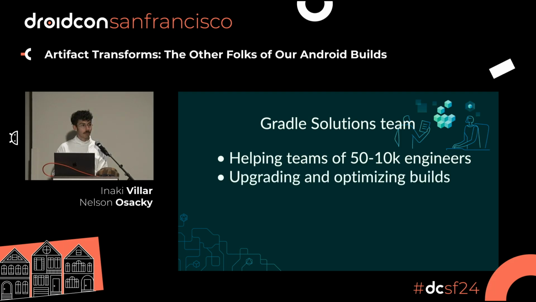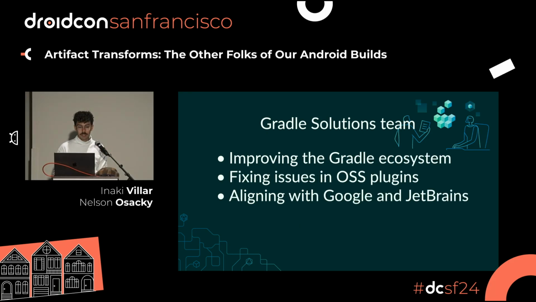We help them upgrade and optimize their builds. We help them migrate builds, scale their builds, all sorts of things. We also work a little bit in the Gradle ecosystem. We fix issues in open source plugins, especially when we see them with our customers. And we also report issues to Google and JetBrains when we see those types of things in customers.